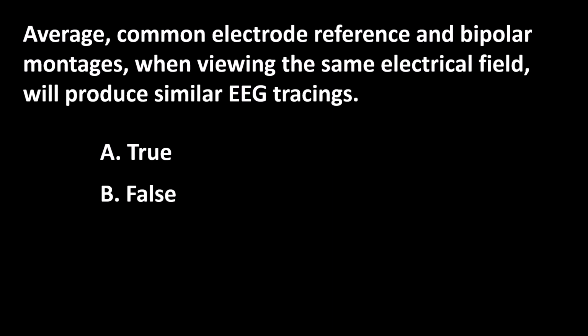Next question. Average, common electrode reference, and bipolar montages when viewing the same electrical field will produce similar EEG tracings. A true, B false. It is obvious from the prior frames and questions that the answer to this question is false.